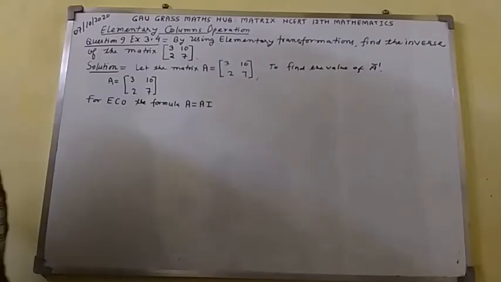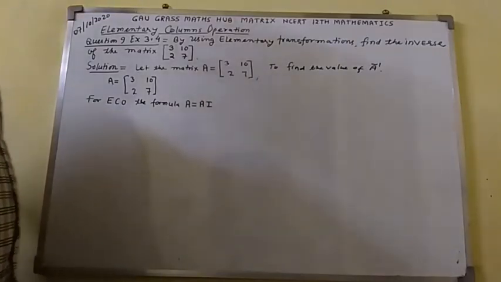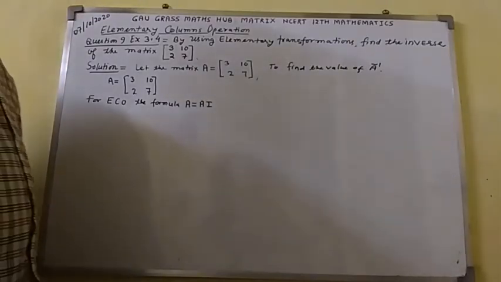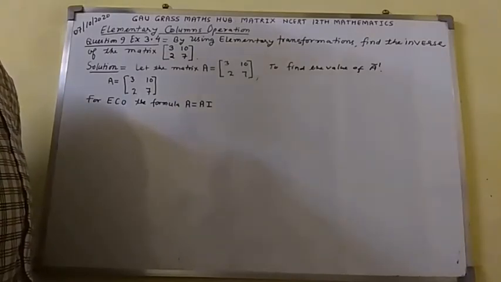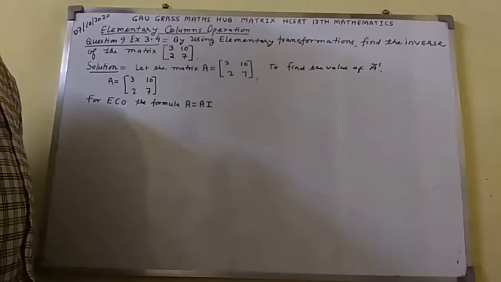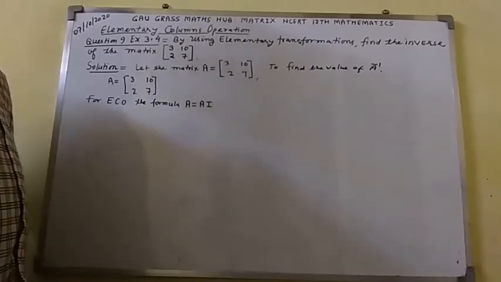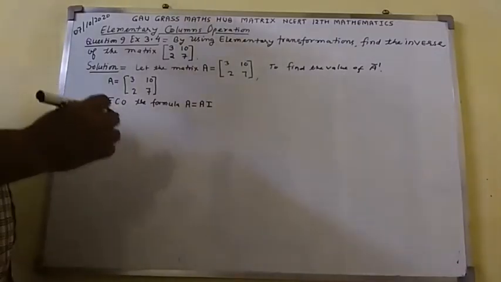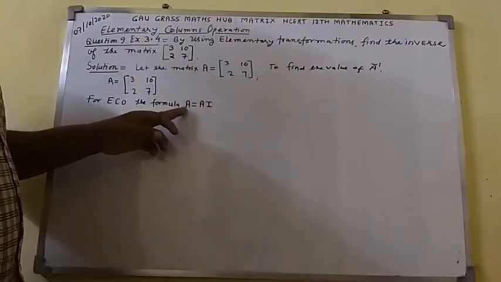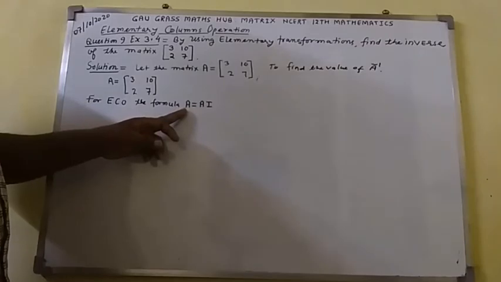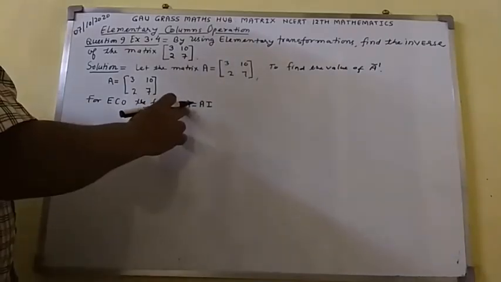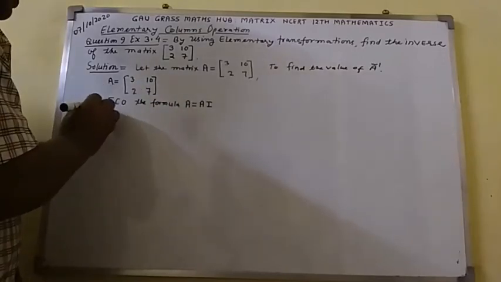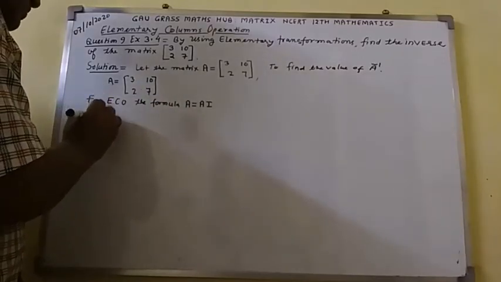The elements of the principal diagonal in the identity matrix must be 1, and the rest of the elements in the identity matrix except the principal diagonal elements must be 0. So in place of capital A, I should write here the given matrix.